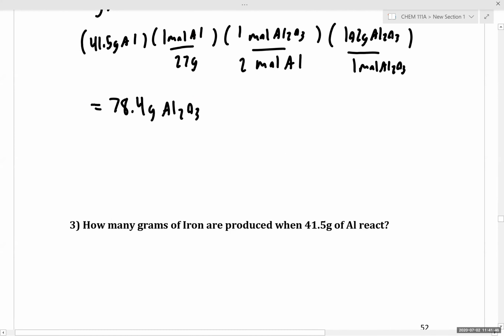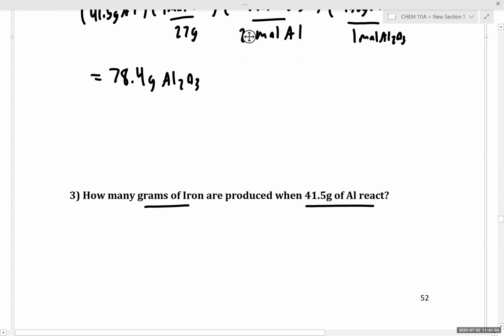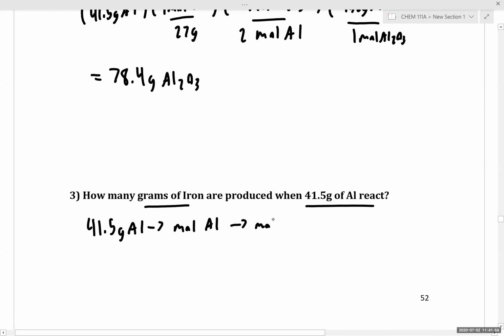We're asked how many grams of iron are produced when 41.5 grams of aluminum react. So we have 41.5 grams of aluminum. We're going to go to moles of aluminum. Then using our equation, we'll go to moles of iron, followed by grams of iron.